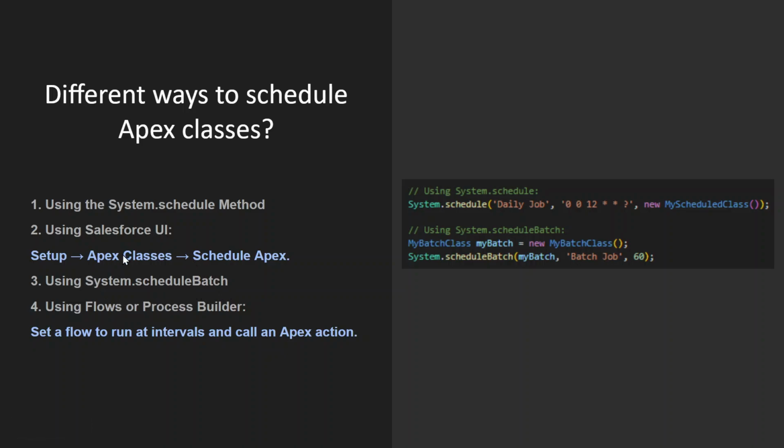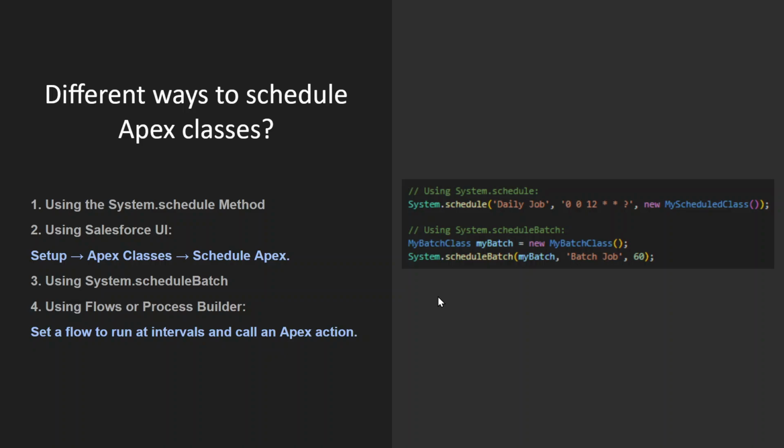This is the method by which we can schedule the batch classes. So ultimately we are using the Apex code which is scheduling here. So we have this last thing, that is we can use flows or process builders to schedule the Apex class, like set a flow to run at intervals and call an Apex action there.